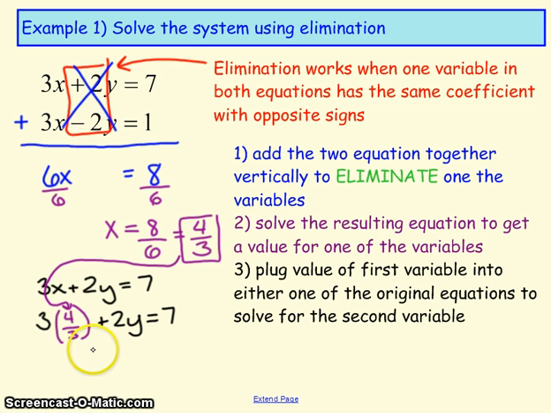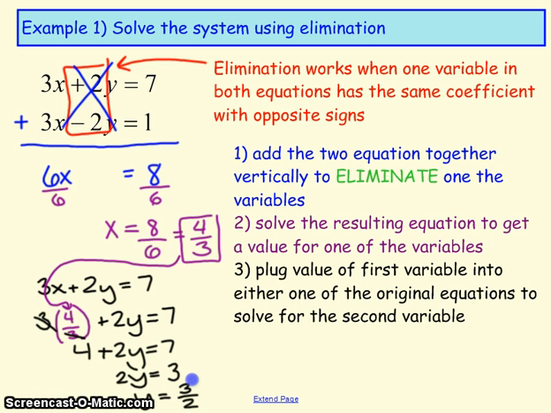So when we do 3 times 4/3, I can cross out my 3's, and I'll get just a 4 plus 2y equals 7. And if I subtract 4 on both sides, I'm going to get that 2y equals 3. And if I divide by 2, I'll have that y equals 3/2.